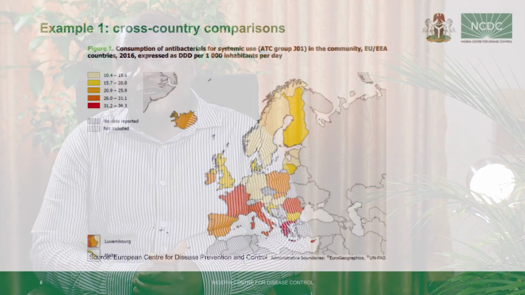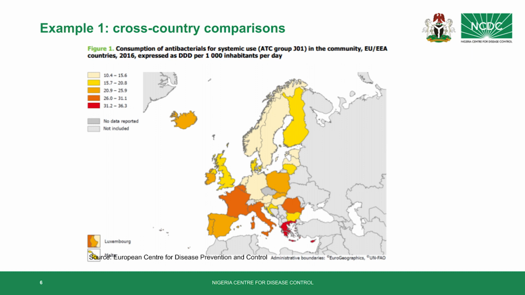And in European countries and the EEA, that is the European Economic Area, this kind of surveillance has helped to inform the DDDs across different countries, as you can see. So the darker patches indicate that there is massive use of antimicrobials in those countries, and the lighter patches show that there is not so much overuse of antimicrobial agents.